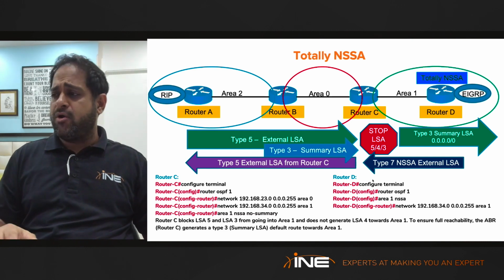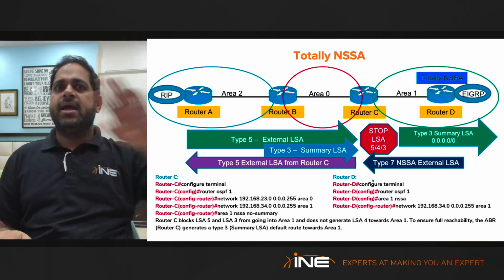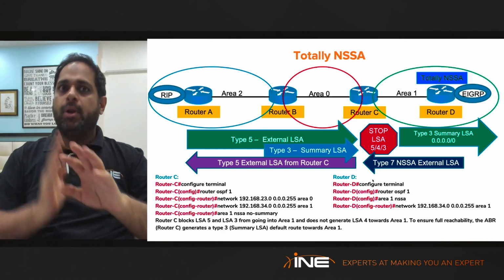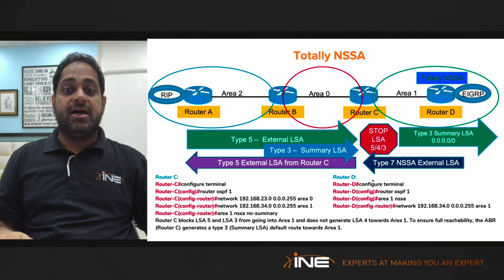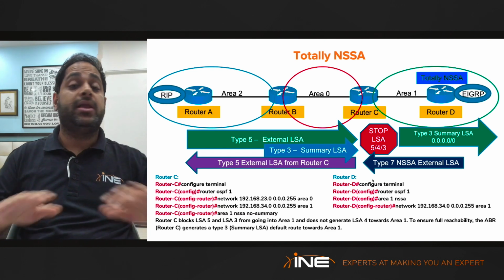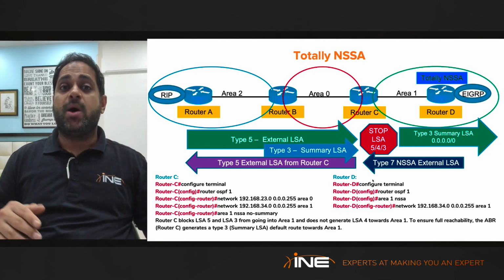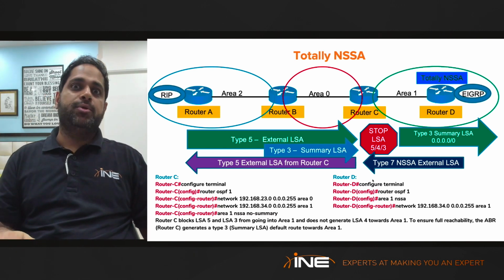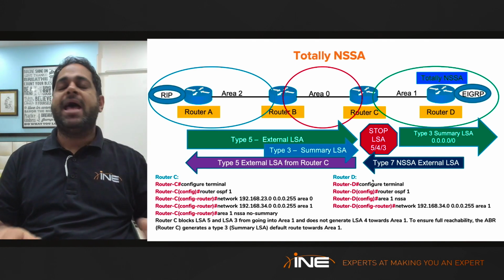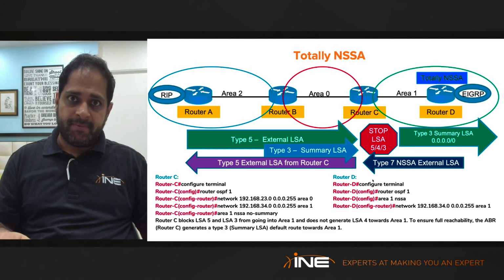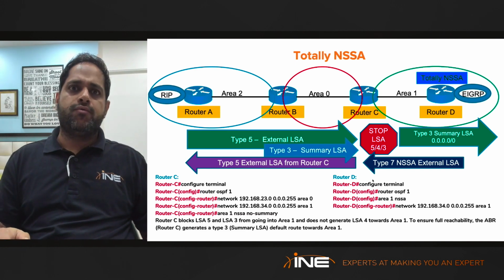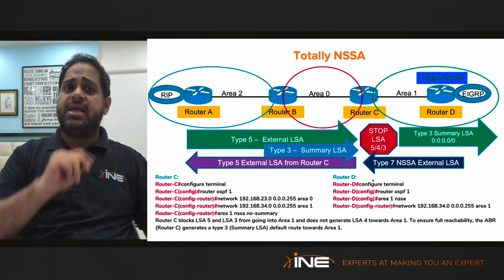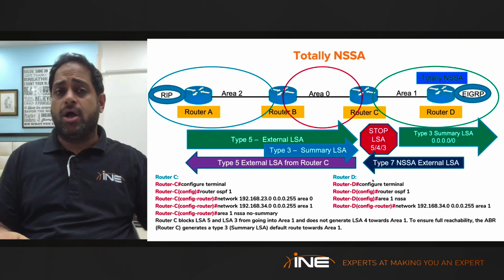So if you look at the diagram again, type 5 came from outside, type 3 came from outside, got blocked, and then router C generates a default route of type 3 automatically. That's why router D would be able to reach RIP routes of A and also inter-area routes. What about the routes of EIGRP on router D? That part is the same as not-so-stubby.